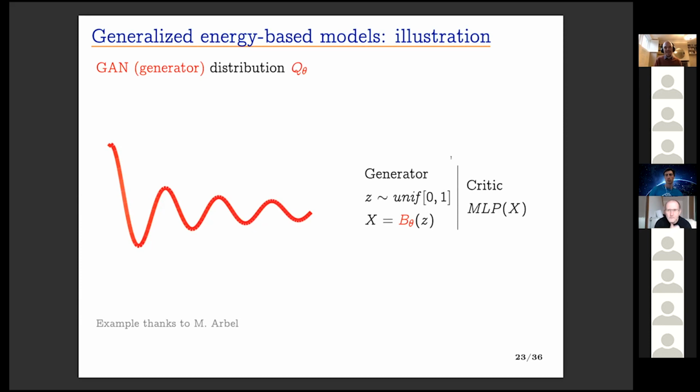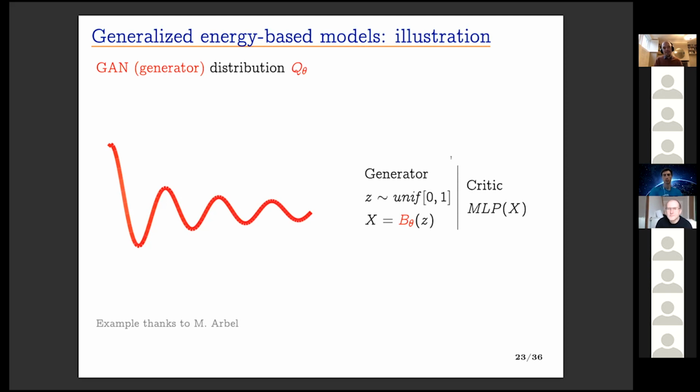We try different architectures of generator networks until we get images that are satisfactory to us. So, absolutely, I may have a GAN which is generating support that is too low dimensional. The energy function will not be able to repair that. The energy function can change the mass I place on the support, but it cannot change the support.